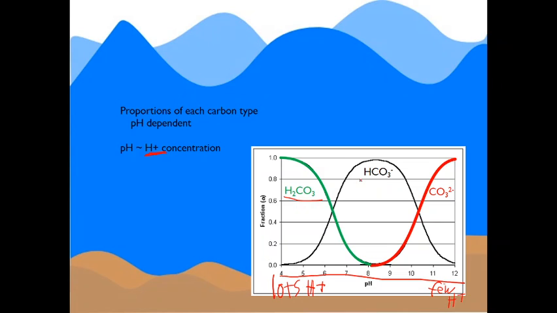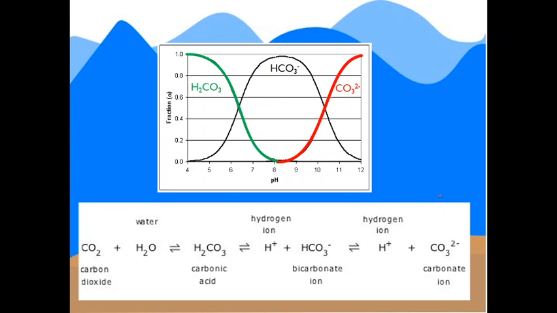At middle pH we see a lot of bicarbonate, and at high pH we see a lot of carbonate. So what we actually have then is this whole big equation. Going from carbon dioxide with water to make carbonic acid, then that hydrogen ion dissociates to make bicarbonate, and another hydrogen ion dissociates to make carbonate.